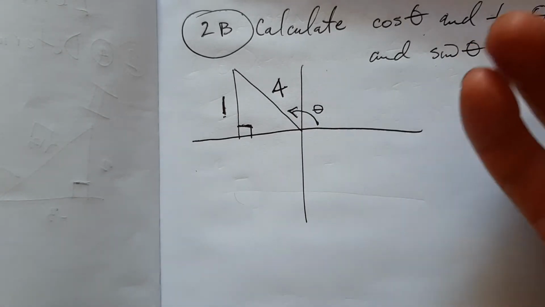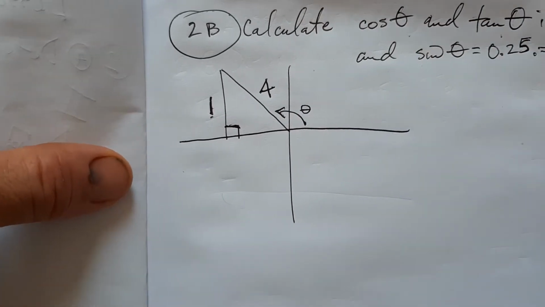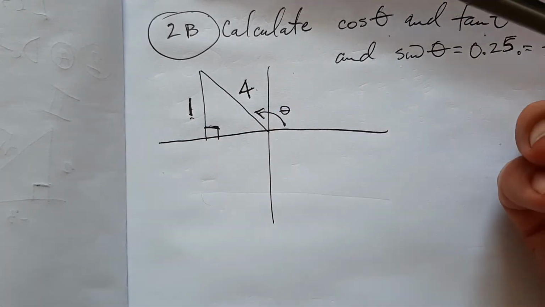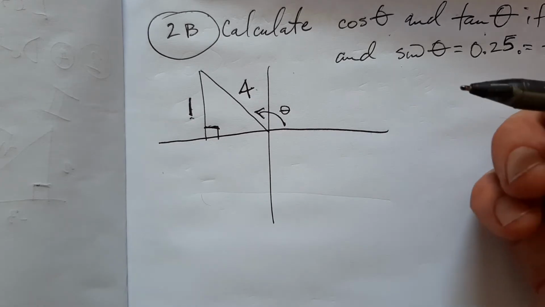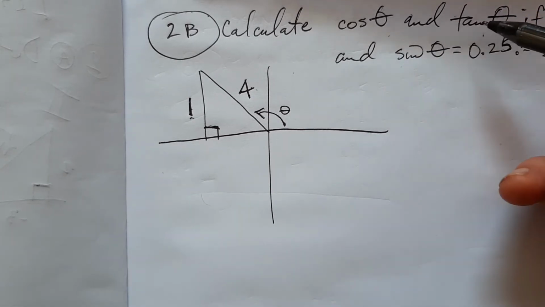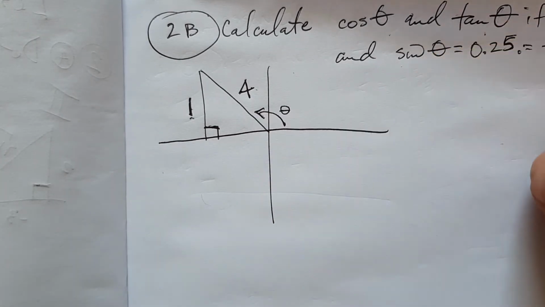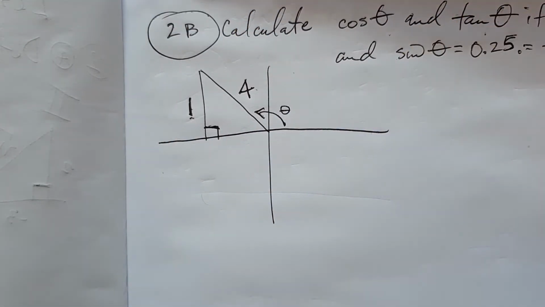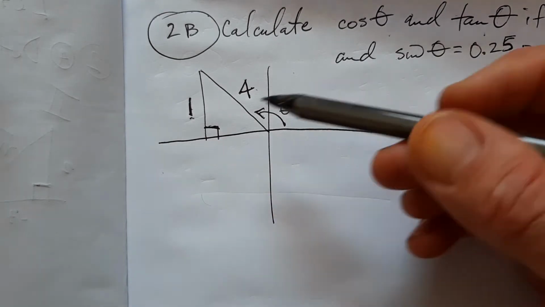These are ratios. As long as your ratio for sine is the same, you can put anything here. You can put 100 here and 400 here, and your ratios and your angle will still come out the same. It doesn't matter how big this triangle is, the ratios stay the same.